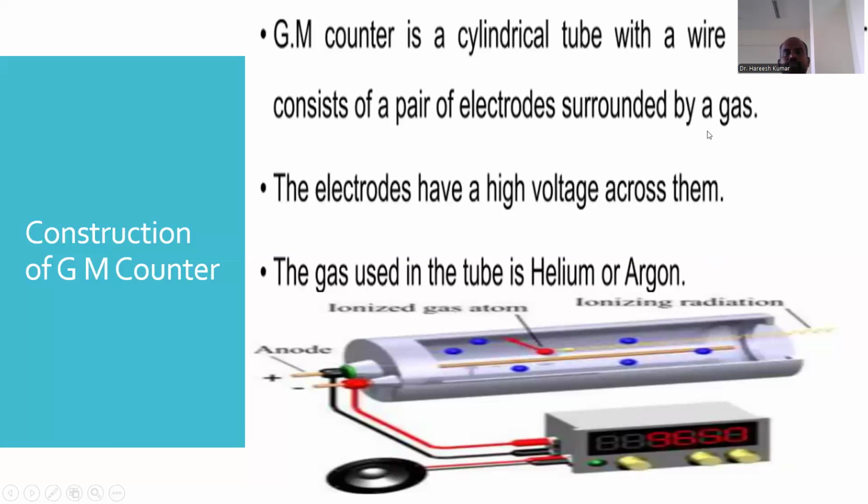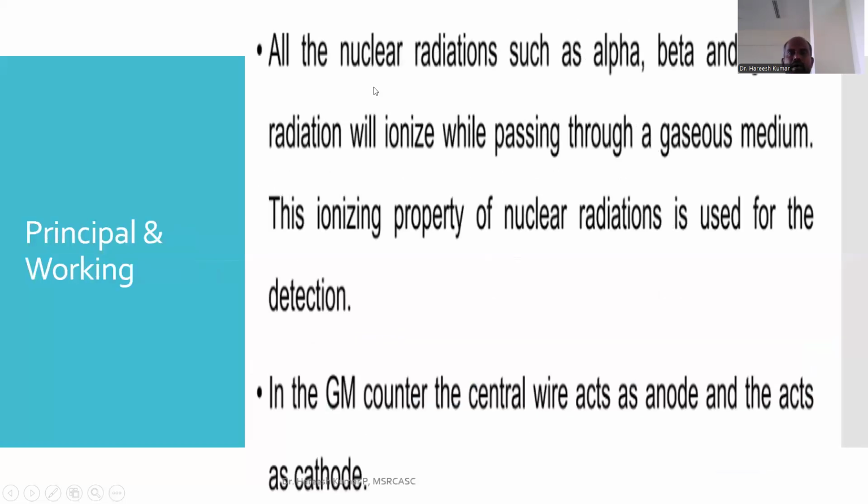or helium. Then all the nuclear radiations such as alpha, beta, and gamma radiations will ionize while passing through a gaseous medium. The ionizing property of nuclear radiation is used for the detection. In the GM counter, the central wire acts as an anode and the body acts as a cathode.